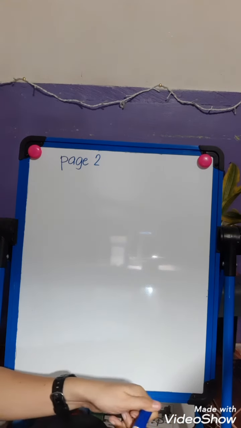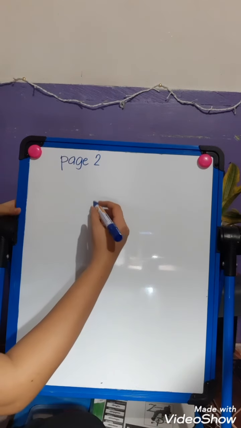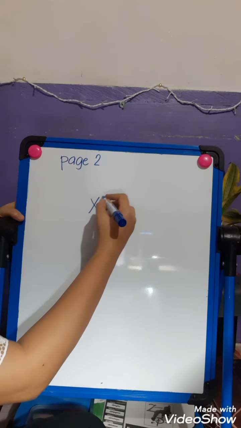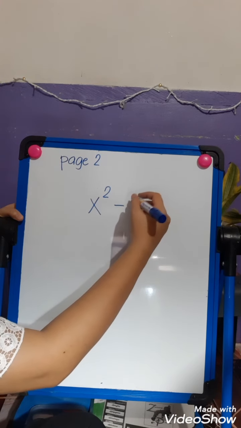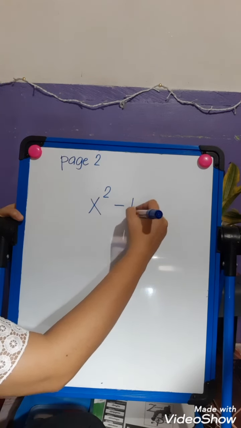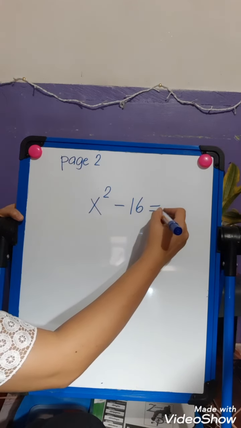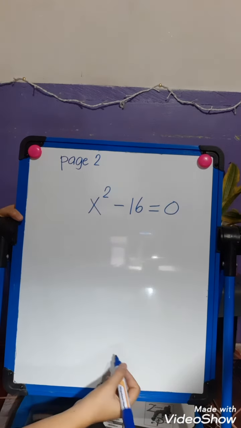Another example, activity 2, punta sa page 2. When we have this kind of quadratic equation, x squared minus 16 equals 0.